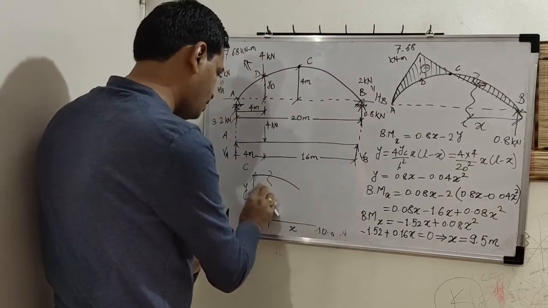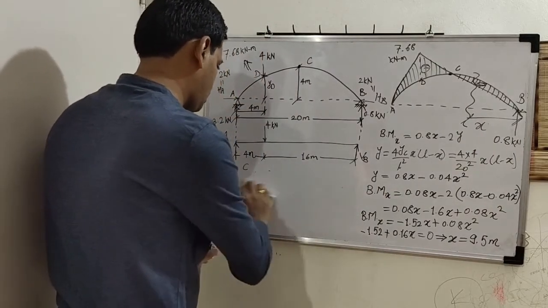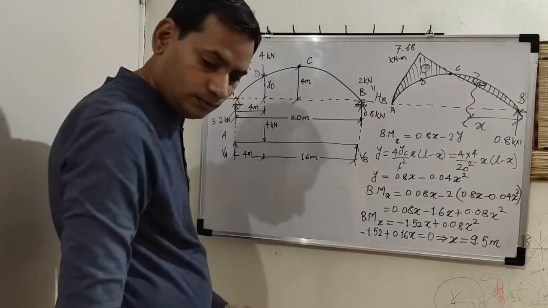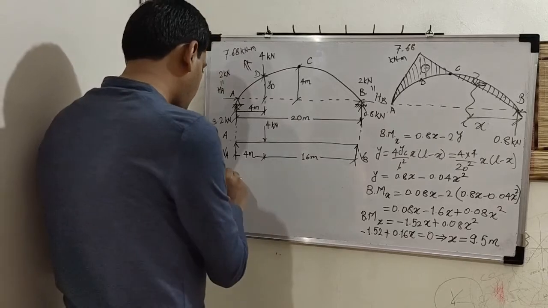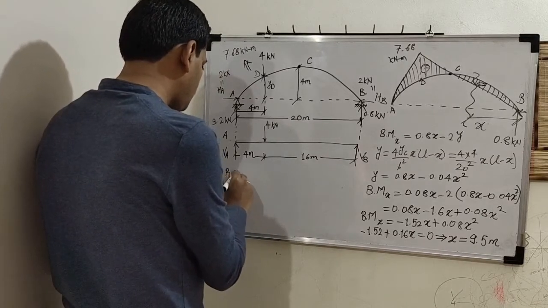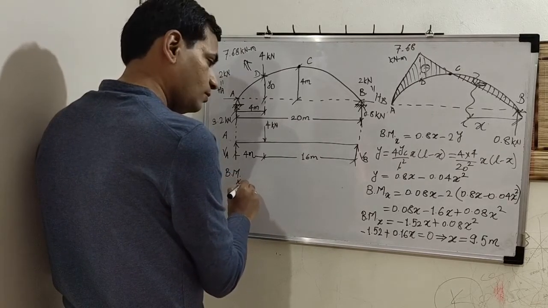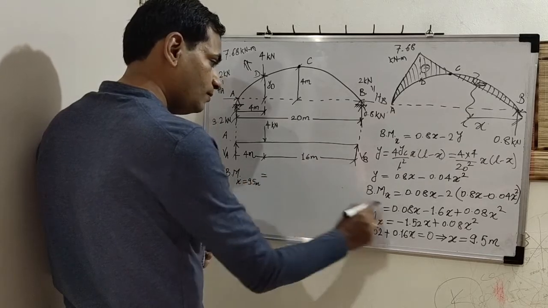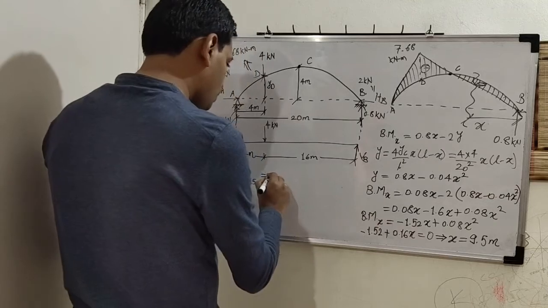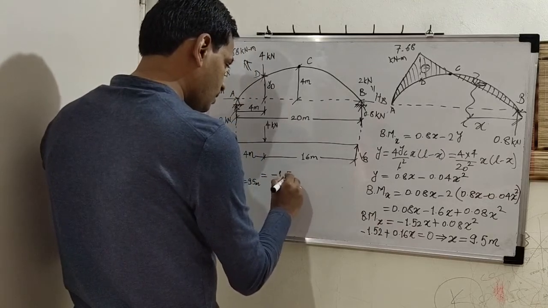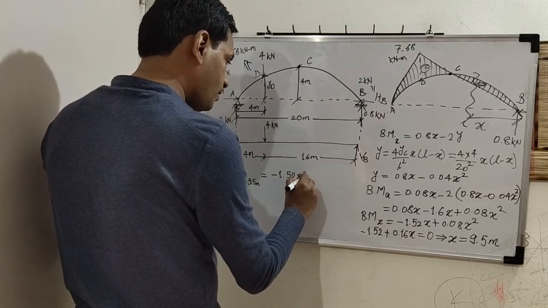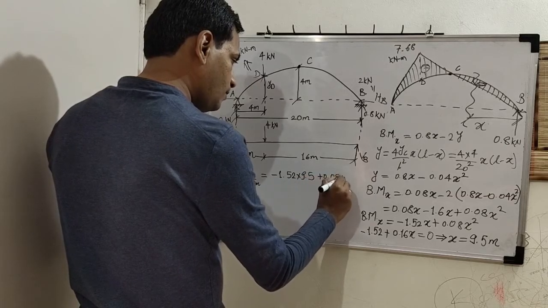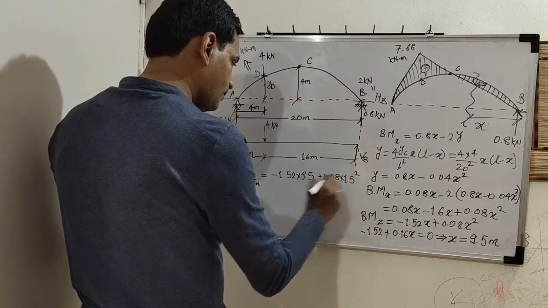So let us calculate this. Bending moment at x equal to 9.5 meters is equal to how much? Minus 1.52 into 9.5 plus 0.08 into 9.5 square.